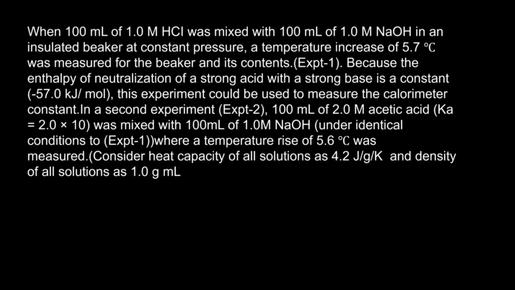Okay. Then let's see the last question of the sample paper. When 100 ml of 1 molar HCl is mixed with 1 molar NaOH, that is also 100 ml, the temperature change is 5.7 in the first experiment. In the second experiment, we have 2 molar acetic acid and 1 molar NaOH, and the temperature rises by 5.6. The heat capacity of all the solutions is 4.2 and the density is 1.